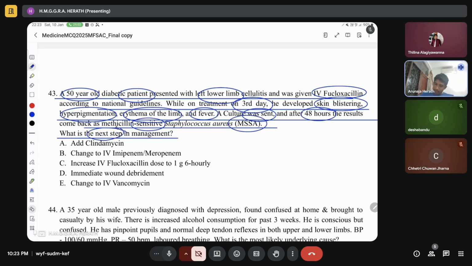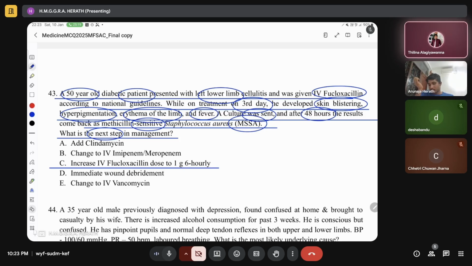So he's on IV flucloxacillin. So what is the next step of management? Yeah, this is the management. Why is that the management? Yeah, then we have to add another antibiotic to this patient.